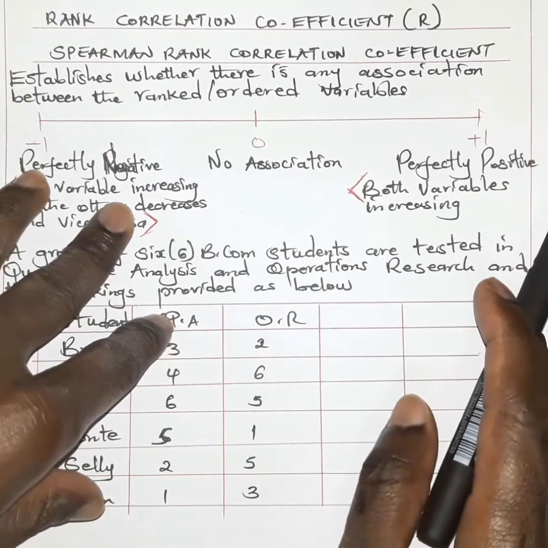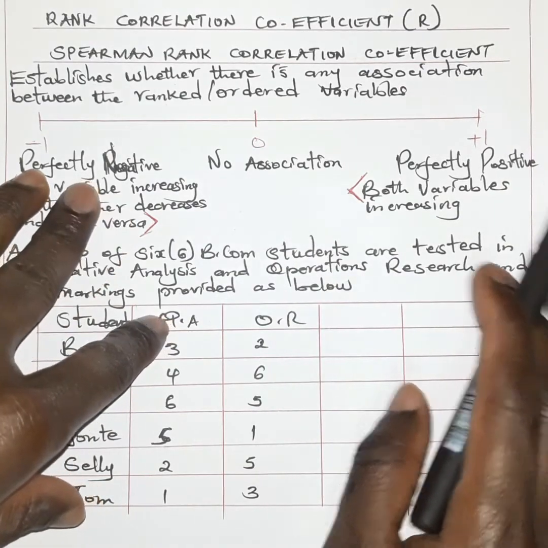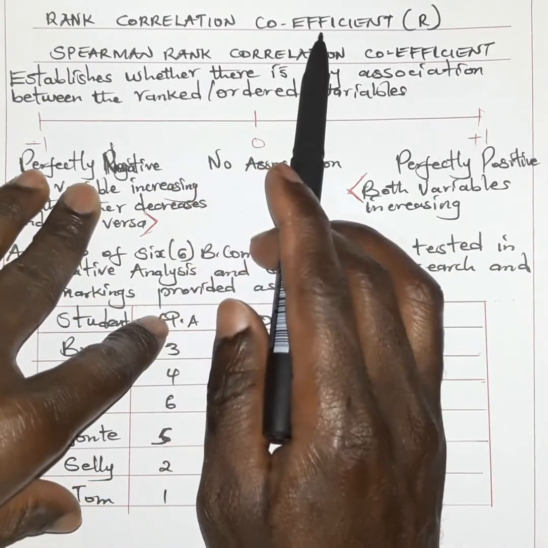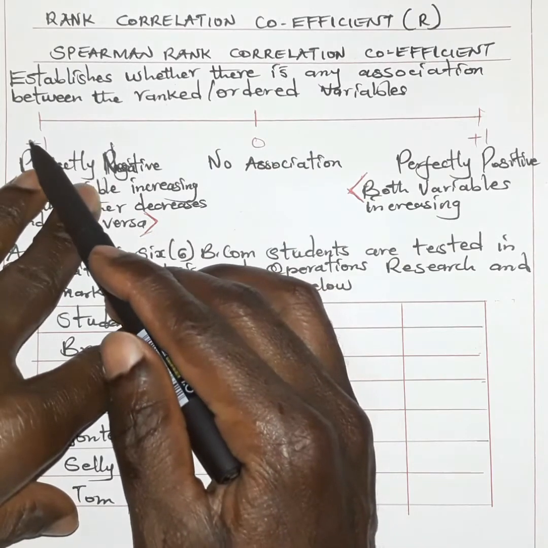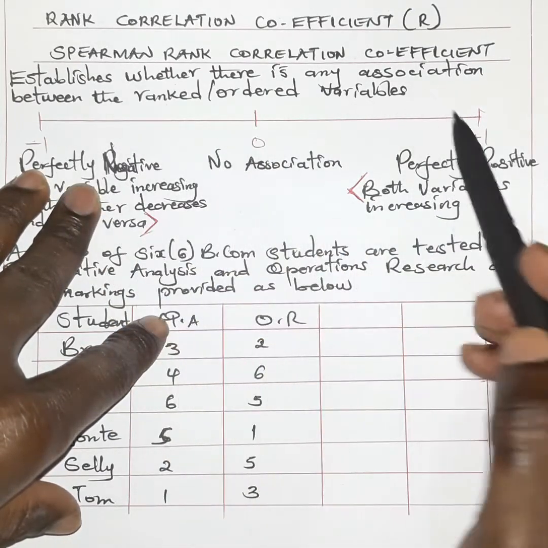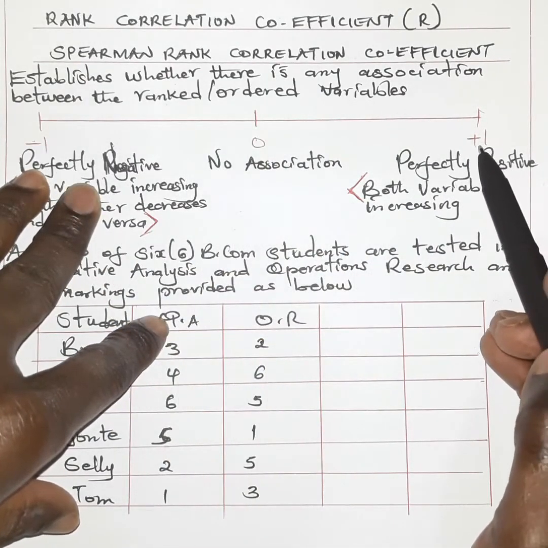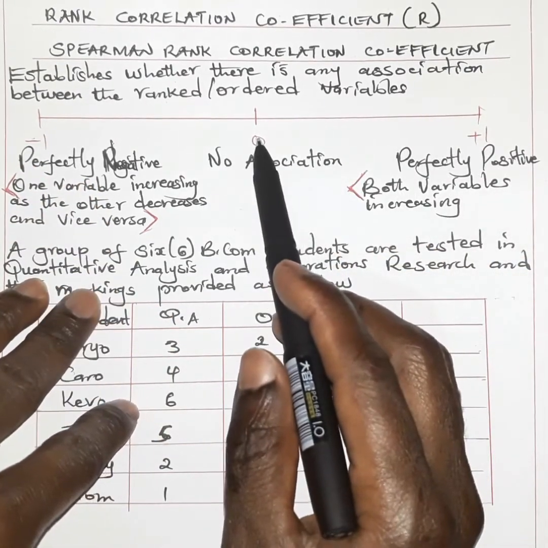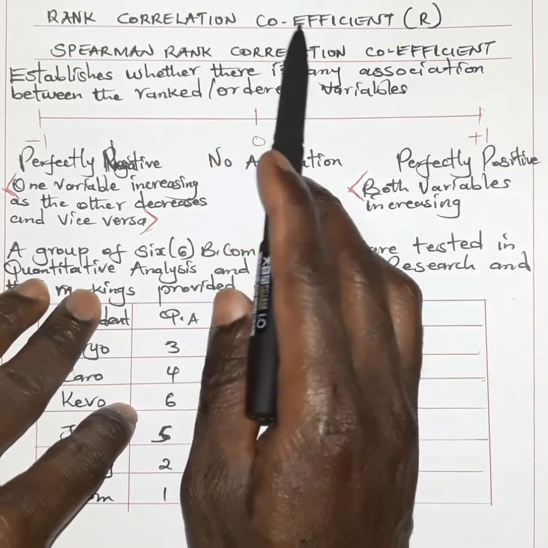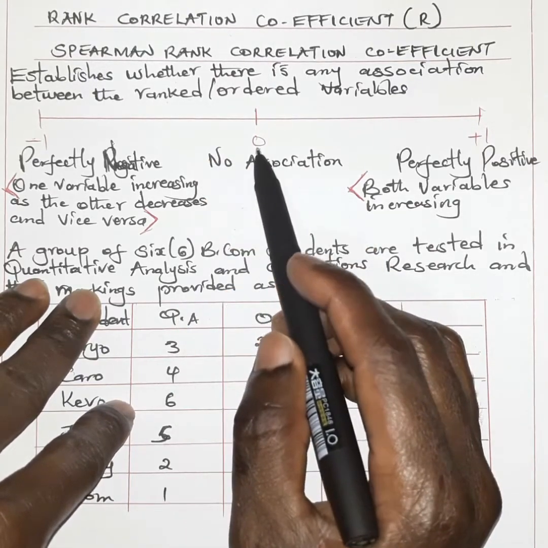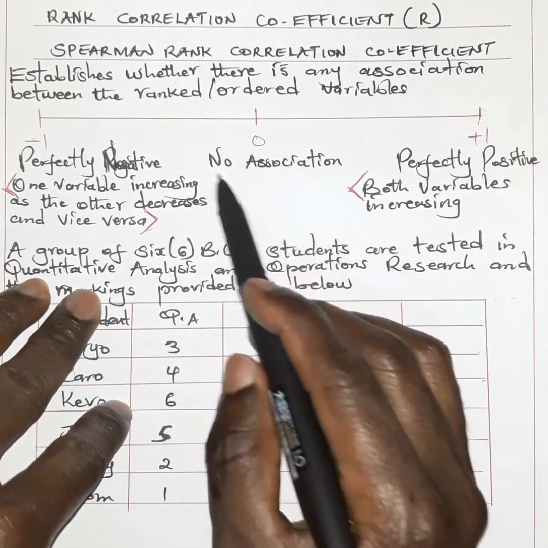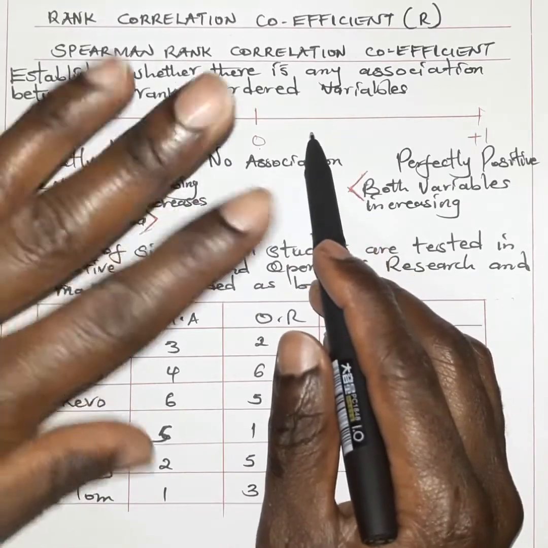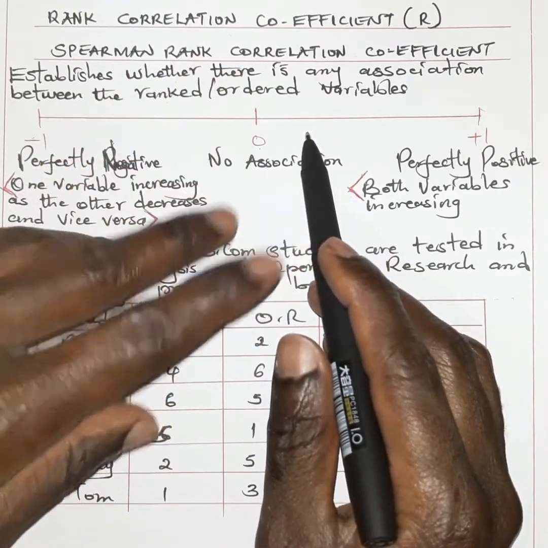The value of the rank correlation coefficient will normally be between -1 and +1. If the coefficient is 0, it means there is no association between the two ranks.